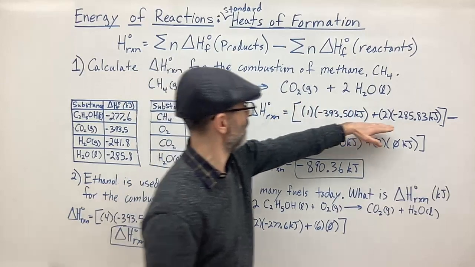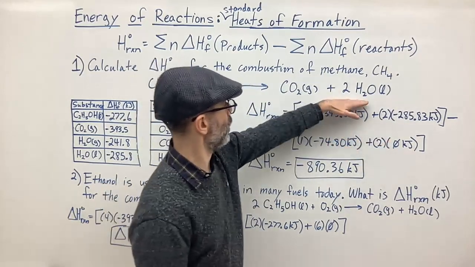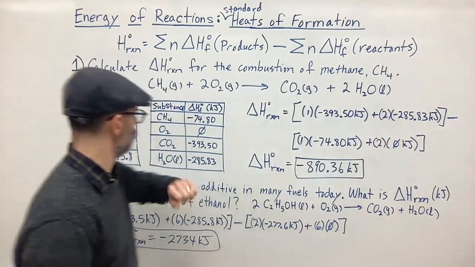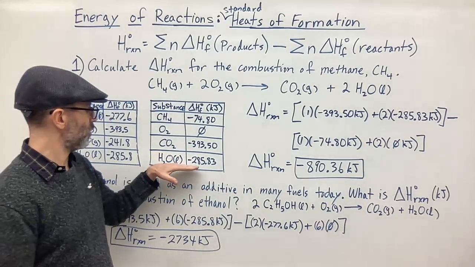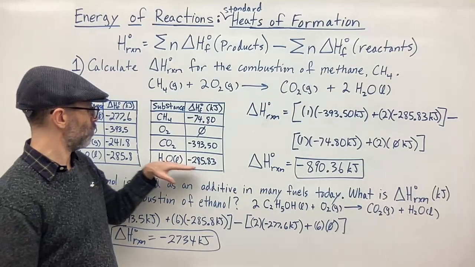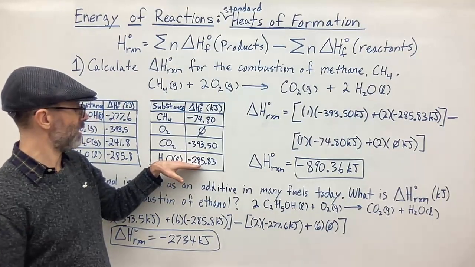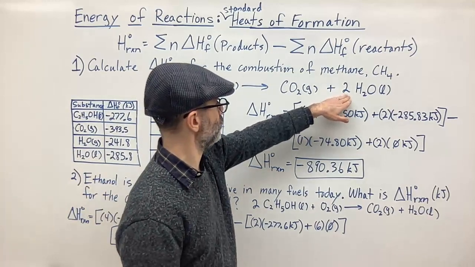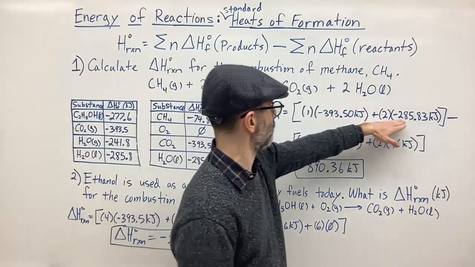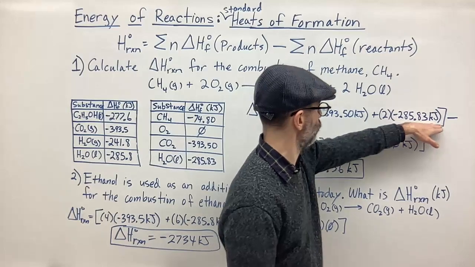And then I'm going to add to that water. And this is liquid water. So in the table, I would look up liquid water. And so liquid water has a heat of formation of negative 285.83 kilojoules. I have a coefficient of 2 moles, so that's going to be 2 times negative 285.83 kilojoules.